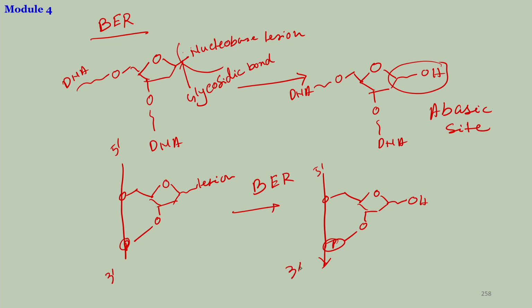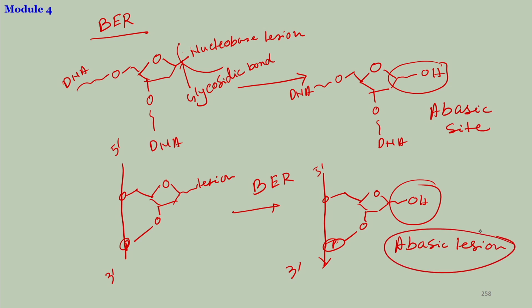So, single stranded DNA without the base, abasic lesion. This is actually also a kind of lesion that I have not talked about; I have talked about only the nucleobases. Sugar lesions, abasic lesions are actually formed in large quantity in cells also.